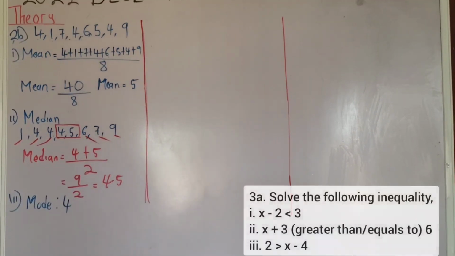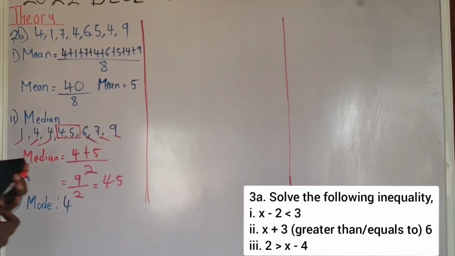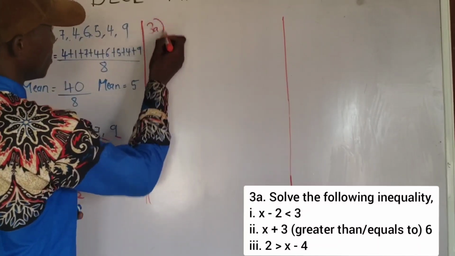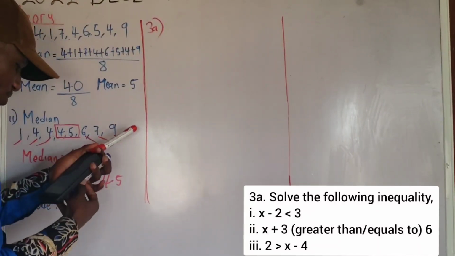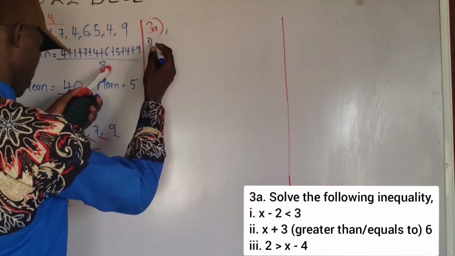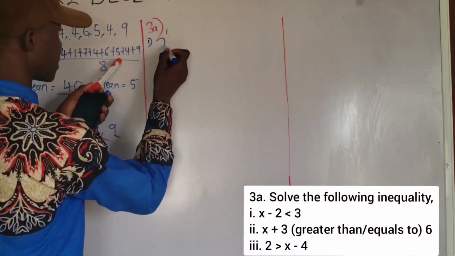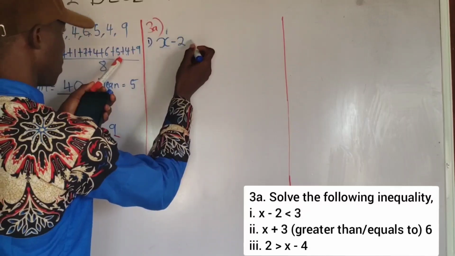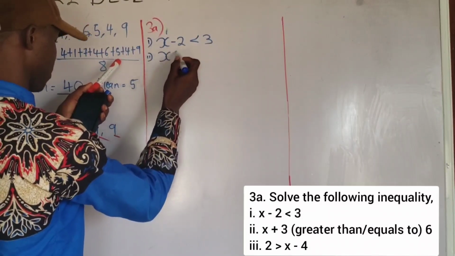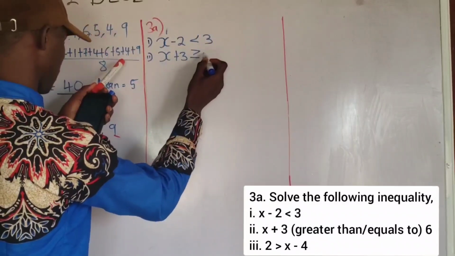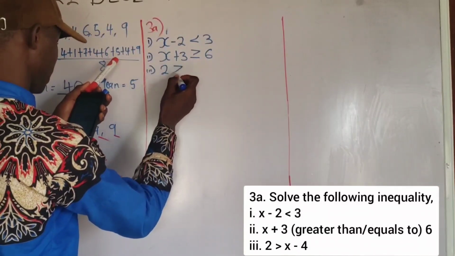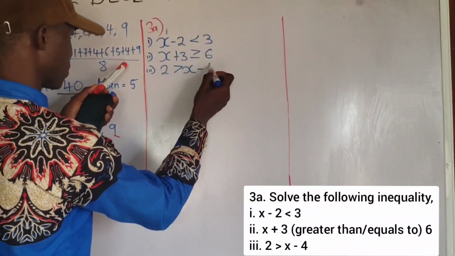Question 3a. Solve the following inequalities. We have, from figure 1, x minus 2 is less than 3. x plus 3 is greater than or equal to 6. 2 is greater than x minus 4.